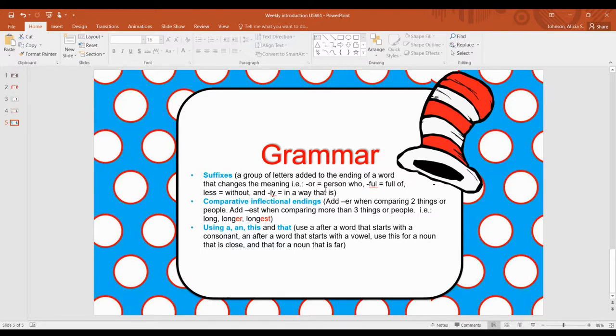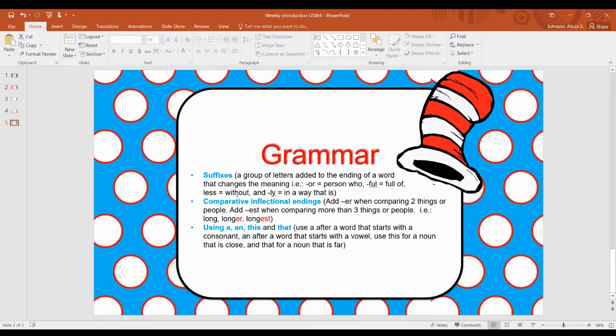We add the or to the end of tail and we get tailor, and that is someone who makes clothes for people. Ful, which means to be full of, when you add that to a word, it changes the meaning. So if we have joy and we add ful, we get joyful, and now we know that this person is full of joy.